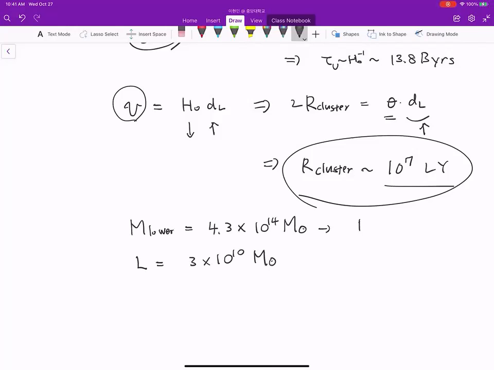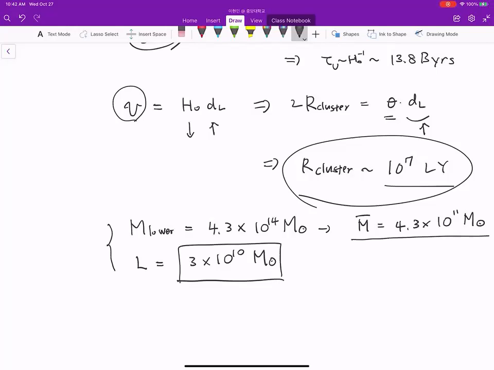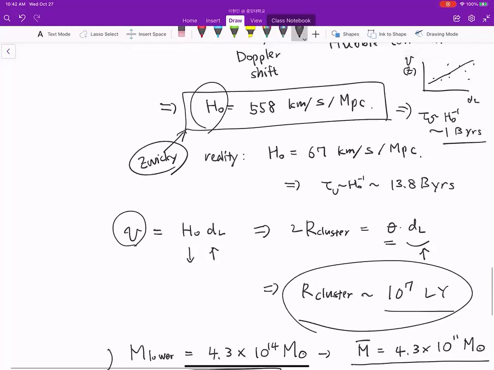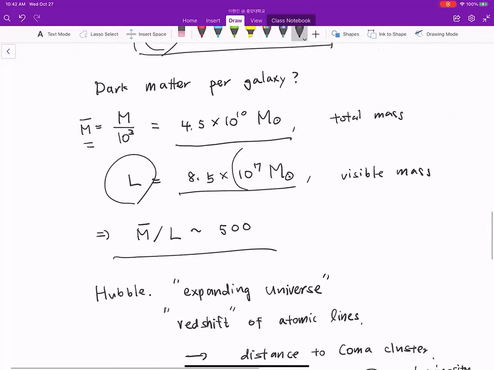So from there, the mass per cluster is now 10 to the 11, but for the luminous mass they found more stars. Because of that, their counting was wrong. So actually, the luminous mass was 10 to the 7, but now it is 10 to the 10.